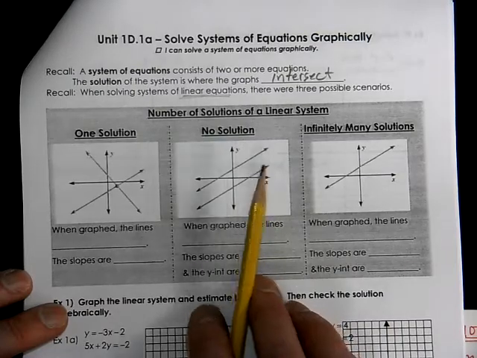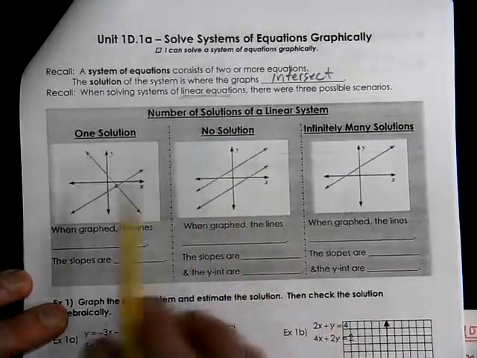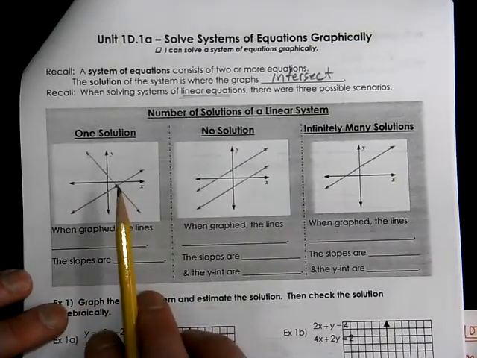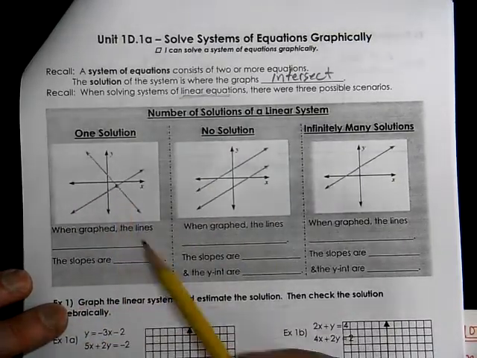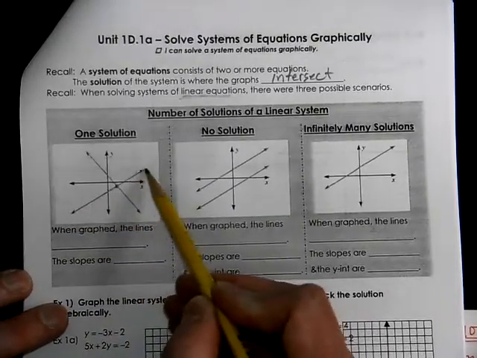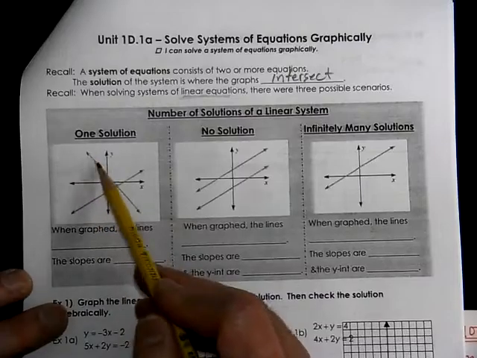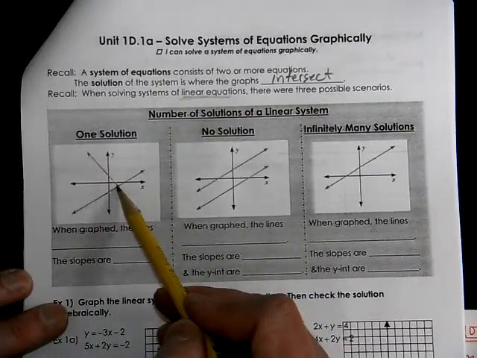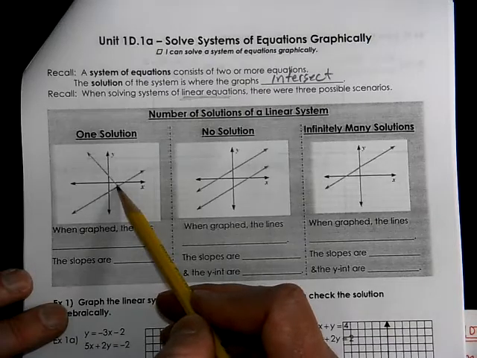There are no solutions in parallel. And with two linear equations that cross at exactly one point, there's an infinite number of x's and y's that work in this equation or that work in this equation, but there's only one that works in both equations.